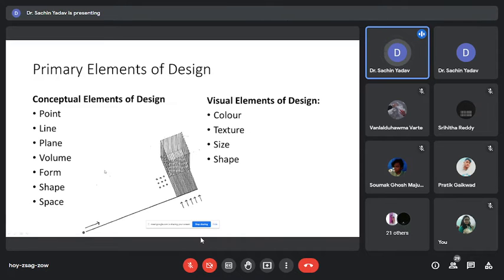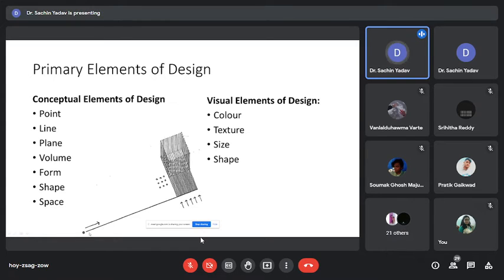Together with the visual elements of design, these conceptual elements form the vocabulary of architectural design. You just see in this image how a point is converted into a plane, right?